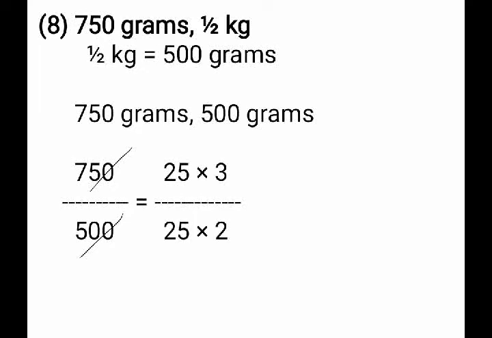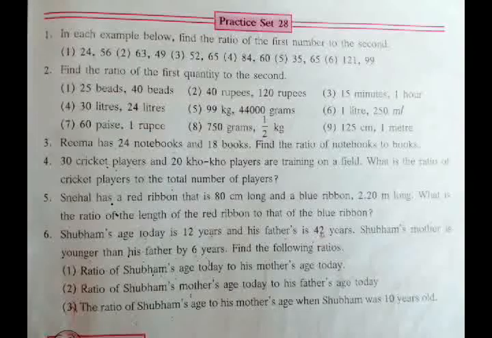Cancel 25 on numerator and denominator. So what will remain? 3 upon 2. The fraction form is 3 upon 2. The ratio form of 3 upon 2 is 3:2. Next, 125 centimeter, 1 meter.